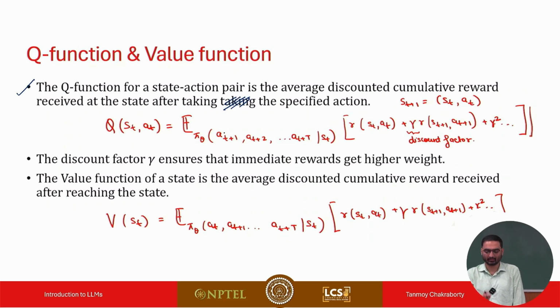Okay, I'll explain. Why average? Because I will take multiple such actions, and then I'll take the average or some expectation. Why is this discounted?